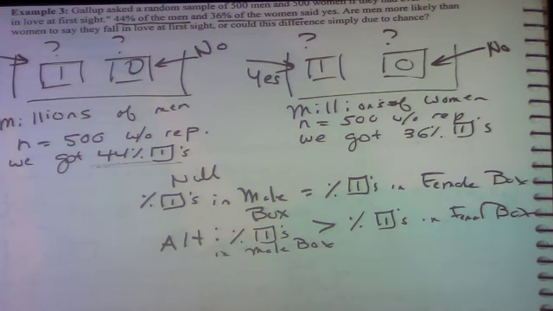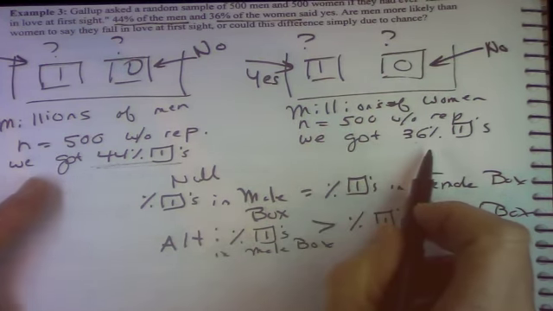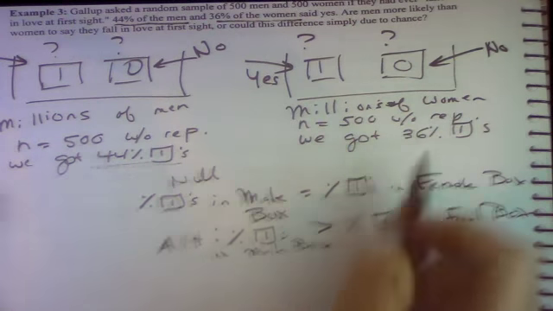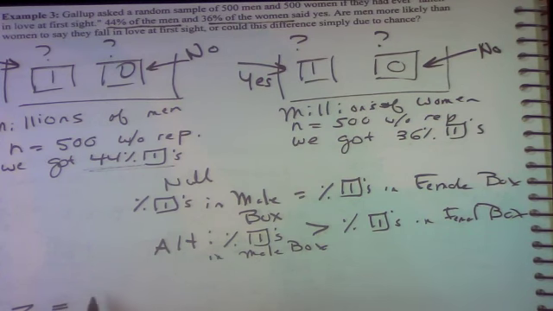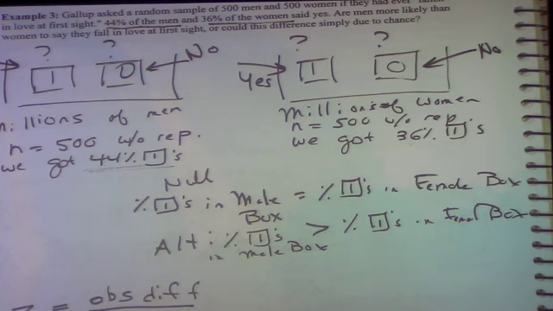So what would we do? How would we set this up? Do you know? We'd say what? Z equals our difference over some standard error for the difference. And what is our difference? 44 minus what?